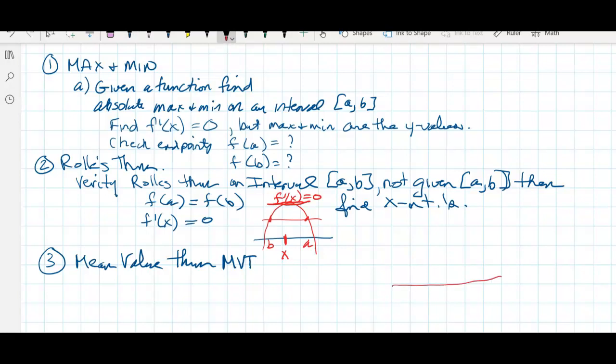Mean value theorem was slanted Rolle's, right? It's a slanted Rolle. All right. And then we tried to find this value C. So we still have our endpoints A and B, right? Yes.